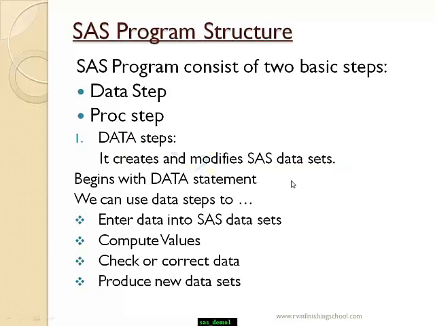Now, SAS program structure. I told you before that a SAS program consists of 2 basic steps, the data step and the proc step. The data step is used to enter the data into the SAS data set, compute values, check or correct data values, and produce a new data set.